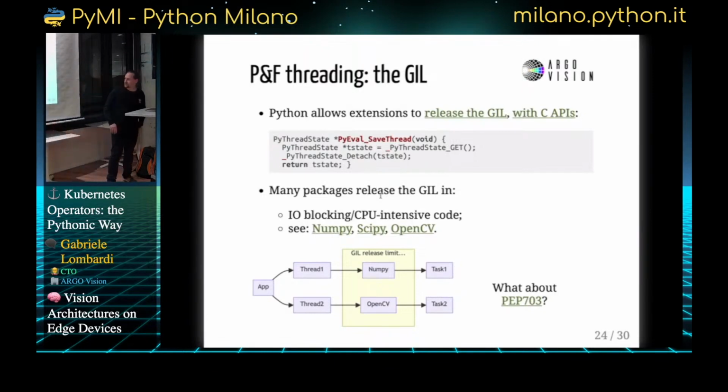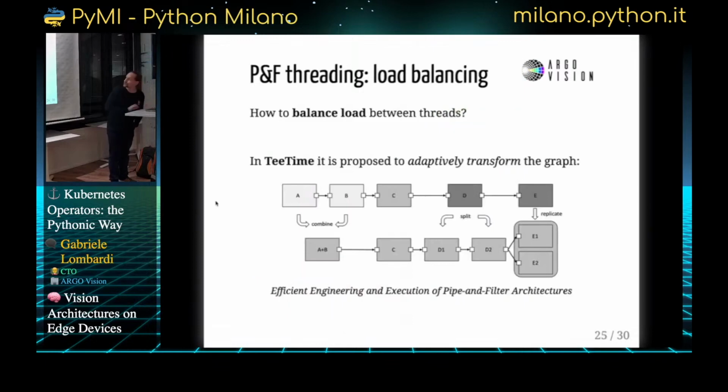So we can exploit the hardware anyway. And if this is not enough, wait for Python 3.13, because Python enhancement proposal 703 is accepted and says that the GIL will be optional. Okay, we will be able to compile Python without the GIL. So the GIL is not an issue.